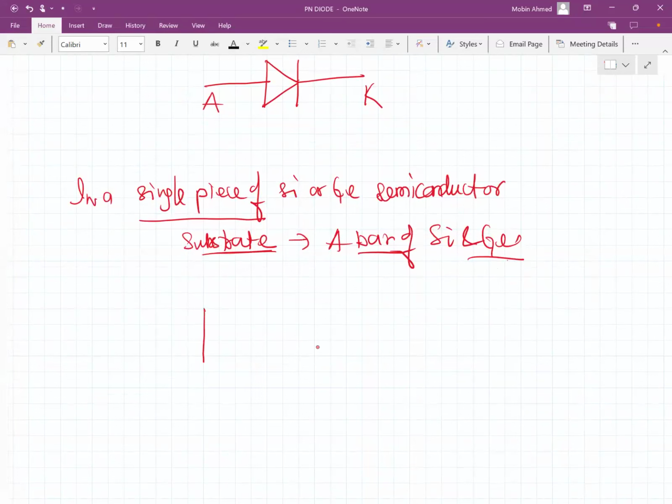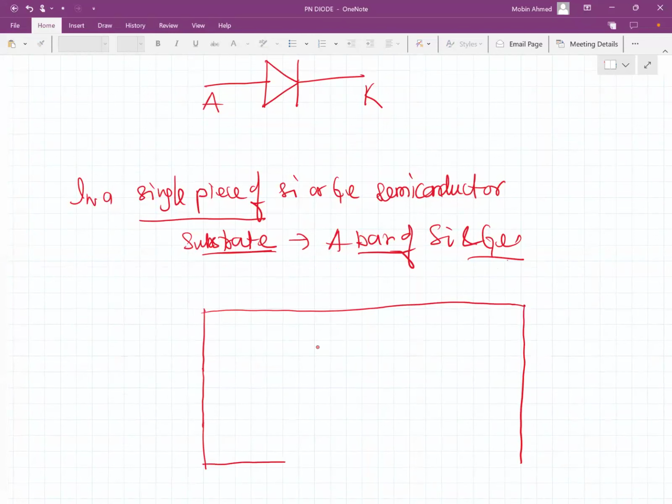So suppose we have taken a bar of silicon, and half of this is doped by a trivalent impurity. So it becomes a P-type semiconductor here. And a pentavalent impurity is going to make the N-type semiconductor.